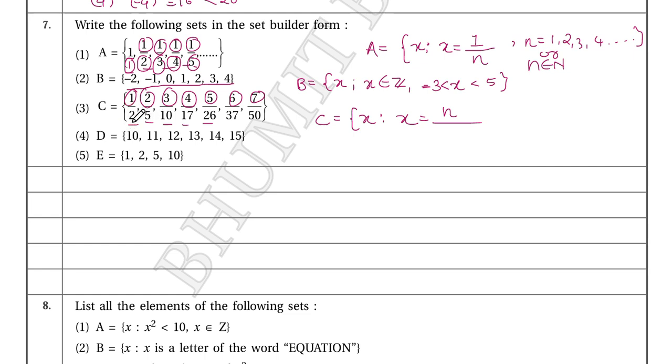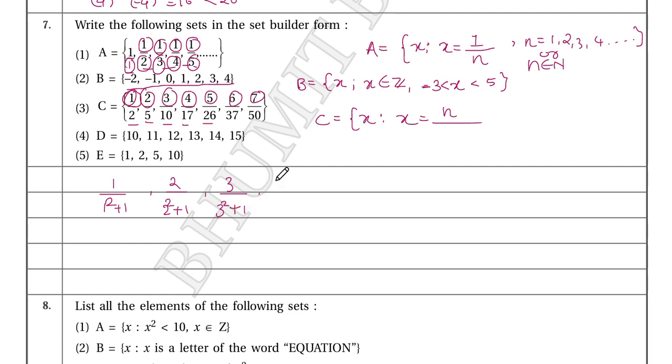If you look carefully, in the numerator 1 is there. So 1 square is 1, and if you add 1 then you will get 2. So 1 upon 1 square plus 1, that is 2. The second number in the numerator is 2, then in the denominator 2 square, which is 4, so 4 plus 1 is 5. Then in the numerator 3, then 3 square, which is 9, so 9 plus 1, it is 10.